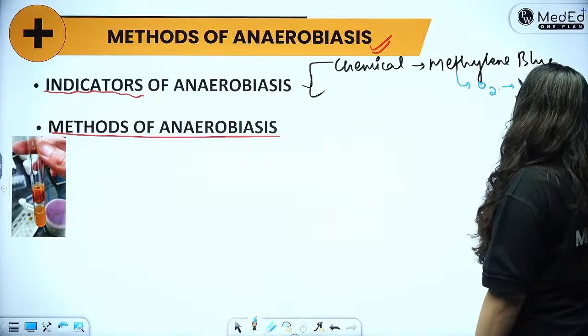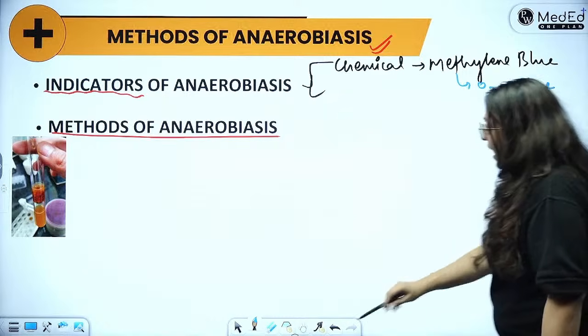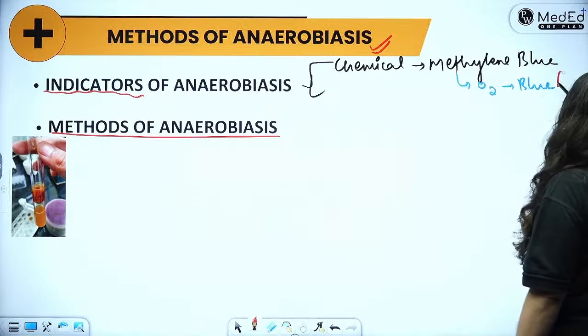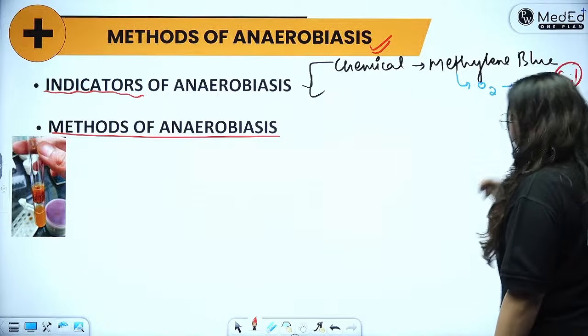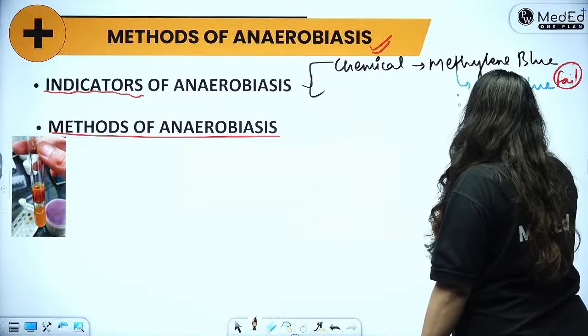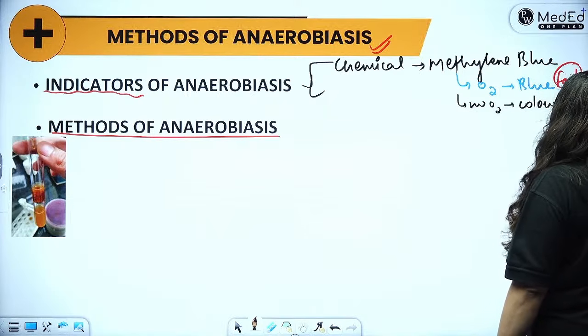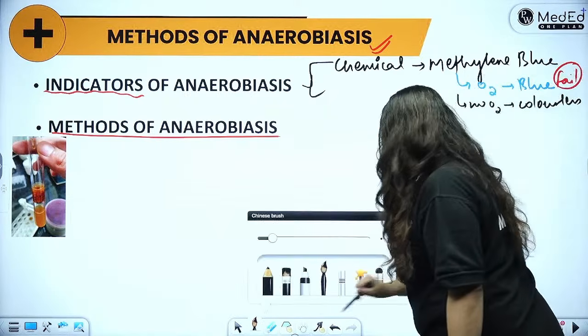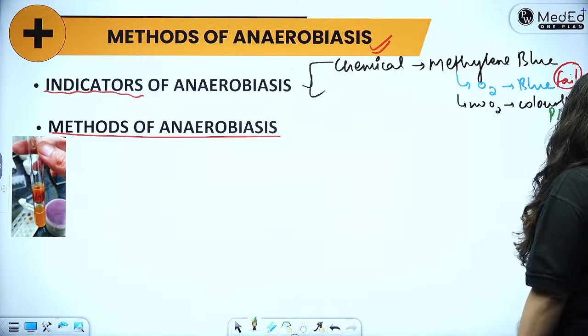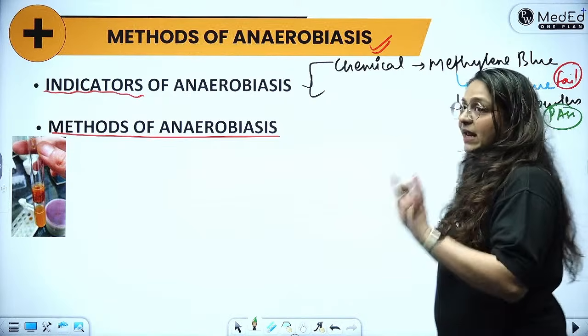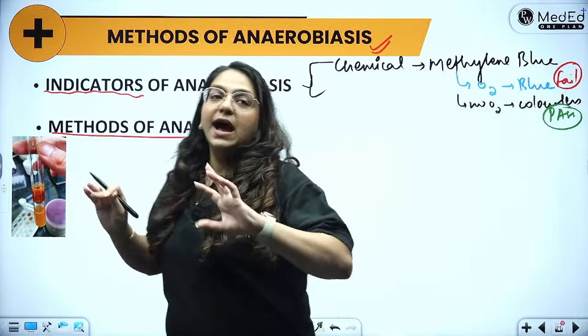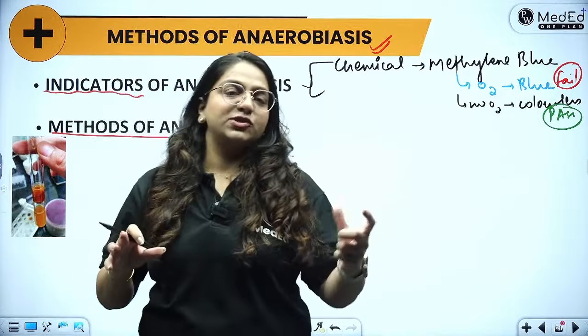If oxygen is there, then it turns blue, and that is what is telling me that anaerobiasis has failed. But if there is no oxygen, methylene blue remains colorless, and it remaining colorless will tell me that I have passed. I have in fact successfully achieved and maintained an anaerobic environment inside my test tube or inside my jar.